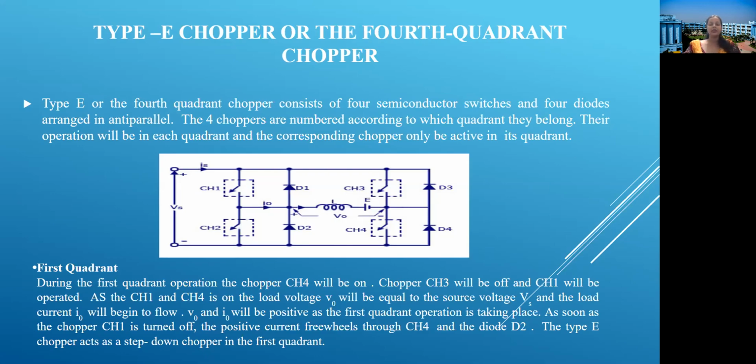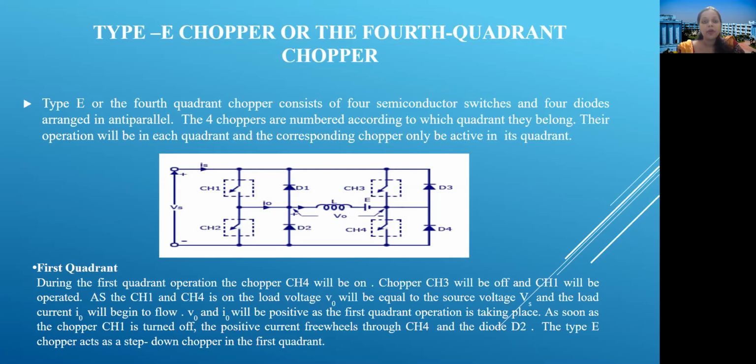Let me tell you one thing. Whenever the chopper and diode are connected such that the current flow through the chopper is in one direction and through the diode in the other direction, that connection is known as anti-parallel connection.